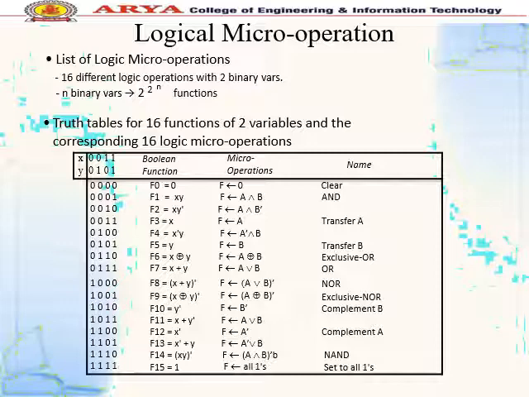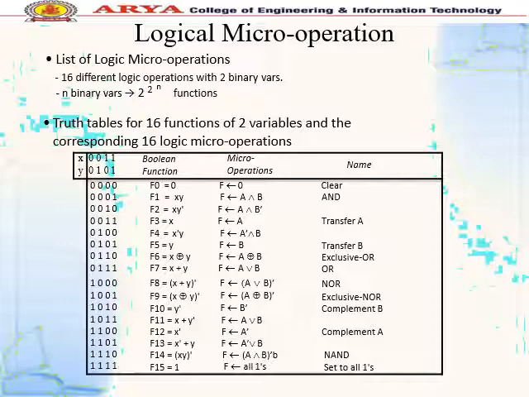F3 is equal to x, it means transfer A. F5 is equal to y, transfer B. F6 is equal to x XOR y, it means exclusive OR operation. F7 is equal to x plus y, it means OR operation. F8 is equal to the complement of x plus y, it means NOR operation.